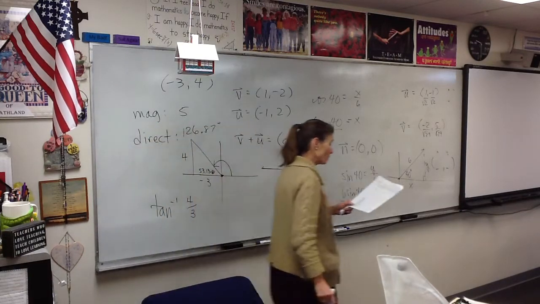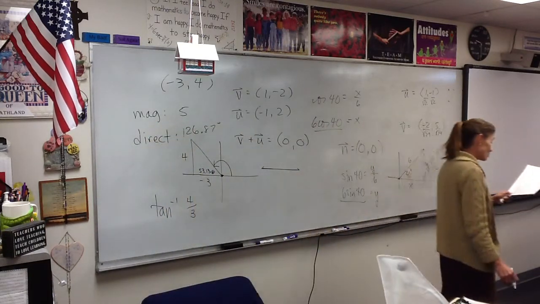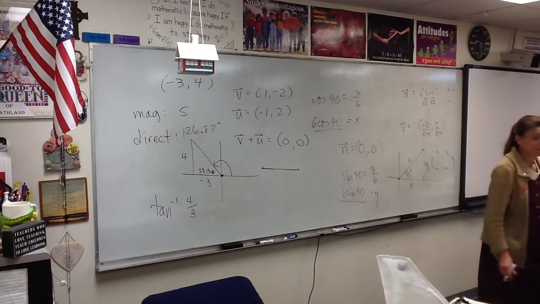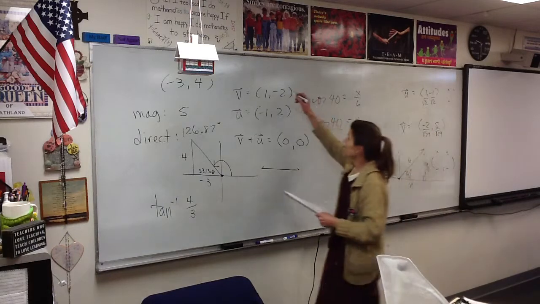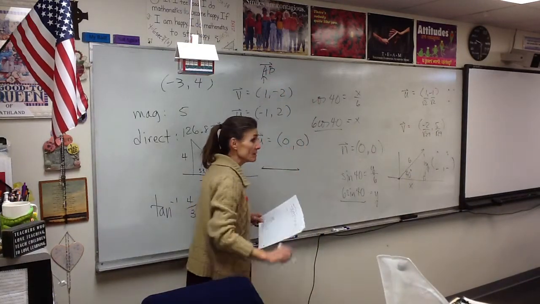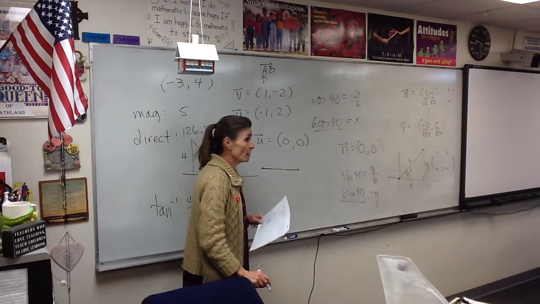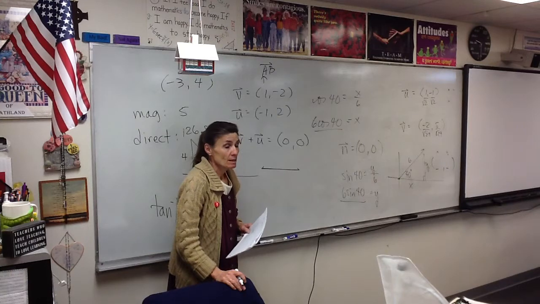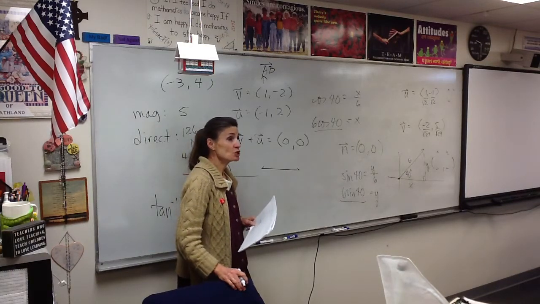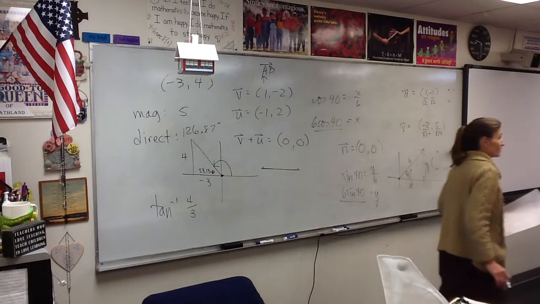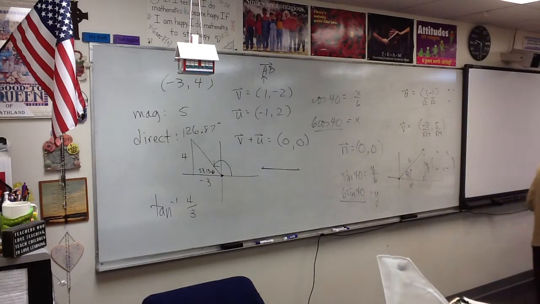Any idea what we mean by initial point and terminal point? Where you start and where you end. So when we talk about vector AB, point A will be the initial point and point B will be the terminal point. If we have a position vector, what will be the initial point? 0, 0, the origin.